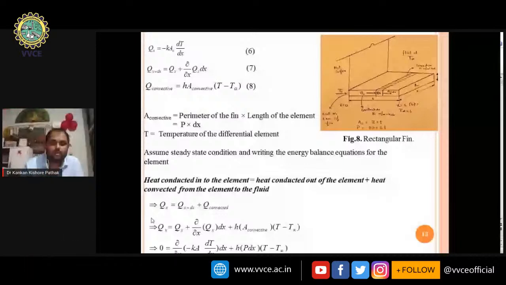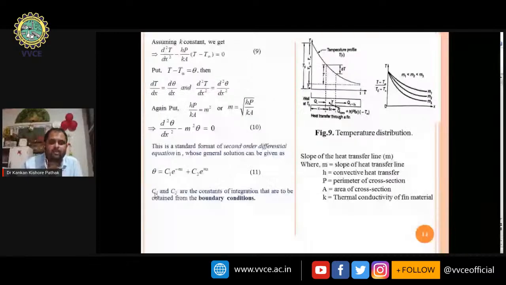If you take T minus T infinity and dx, this is the non-dimensional temperature theta, and finally we get one equation, a second order differential equation, whose general solution can be written by this equation, where C1 and C2 are the constants of integration that are to be obtained from the boundary conditions.